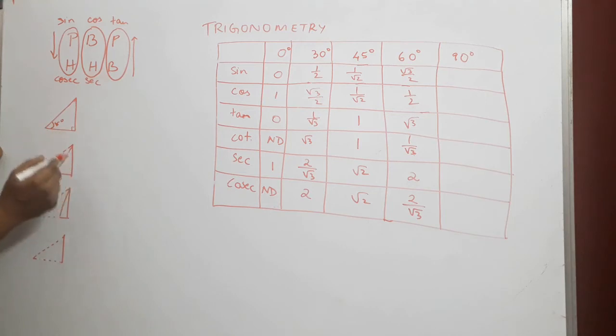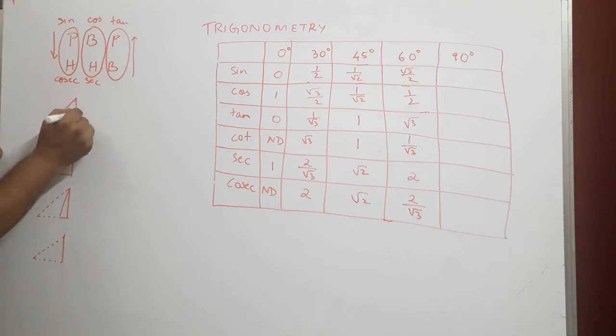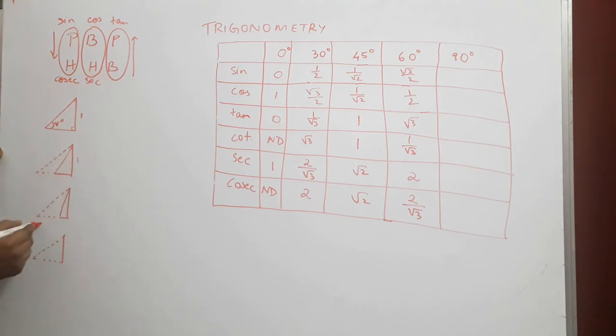So if we take our perpendicular as 1 over here, then have a look, this will remain 1, but the base keeps shrinking as the angle keeps moving closer and closer to the perpendicular.